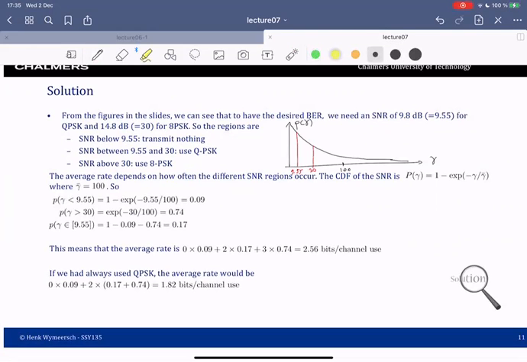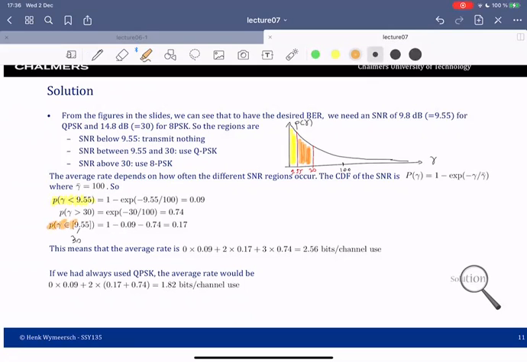And then we have a certain probability of being below 9.55, that's this first case, so that happens with 9% probability. We have a probability of being between 9.55 and 30. Okay, something is missing here. This should be between 9.55 and 30. So that's this orange region.